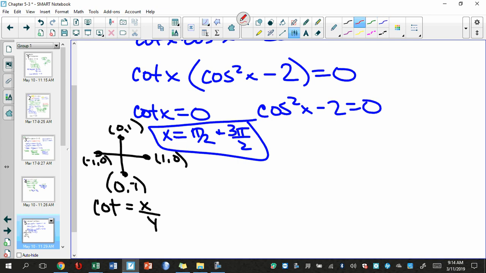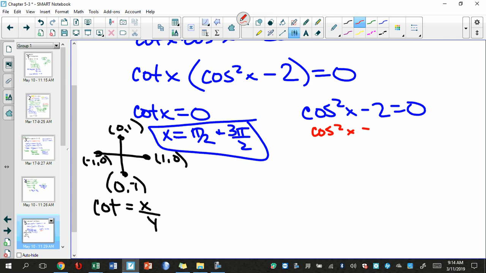Okay, well, let's come over here and solve this one. If I'm solving this problem right here, what am I going to do? I'm going to go ahead and add 2 to both sides. Then what? Take the square root of both sides. So if I take the square root of both sides, I have the cosine of x is equal to plus or minus the square root of 2. Correct? So what do I do from there?